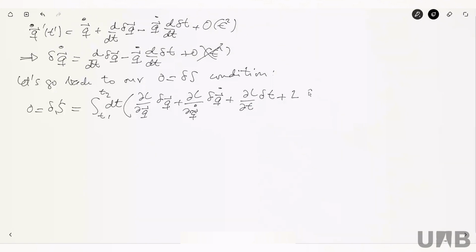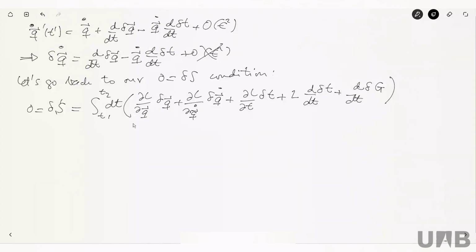Plus L derivative with respect to t of delta t plus the derivative with respect to t of delta g. That was the condition we had before we said this has to be 0 identically as a symmetry condition, right? So that's still true. This had to be 0, so this is 0, yes.